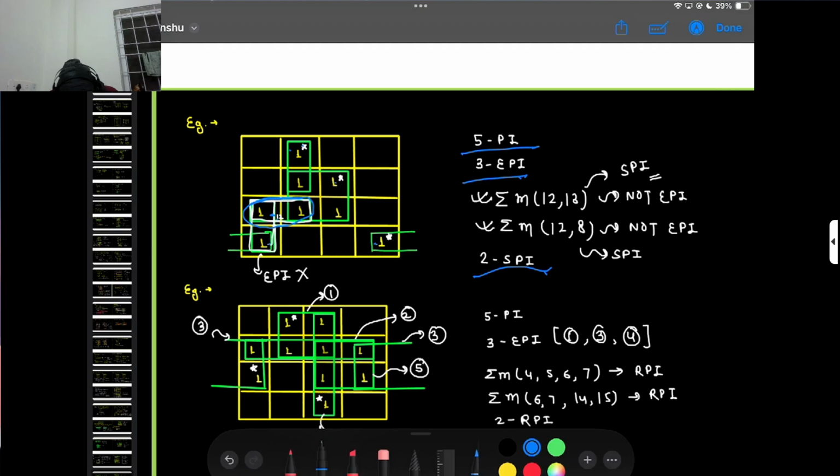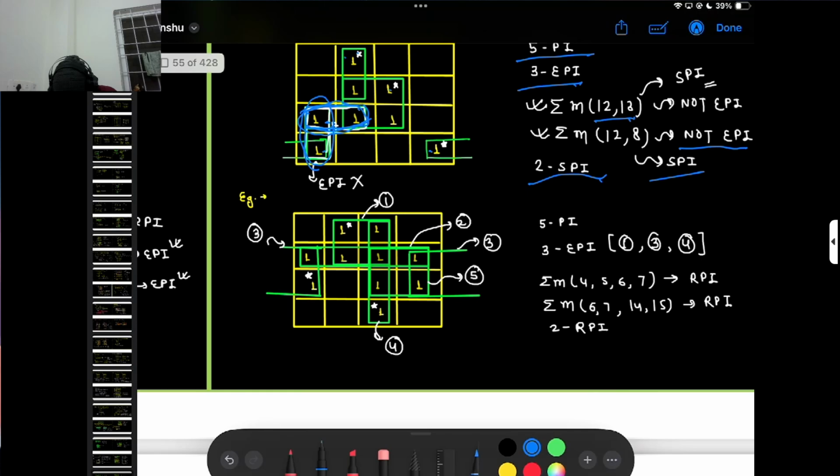This is not API. This is SPI. And this is 12 13. This is also SPI. Okay. So okay, this two is my SPI, and here is my PI.